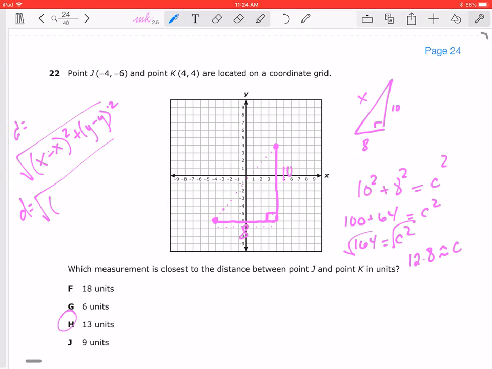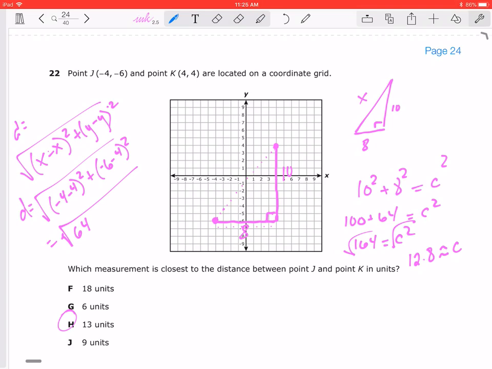Let's see. I have -4 minus 4 squared plus -6 minus 4 squared. -4 minus 4 will give me -8 squared, which will give me 64.